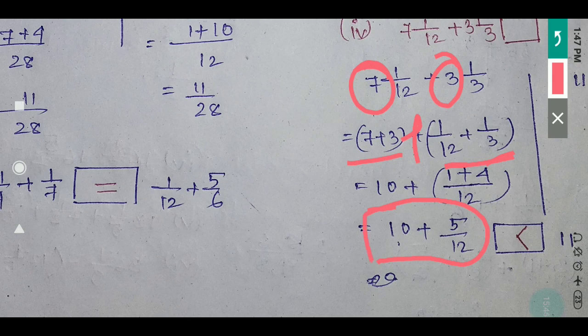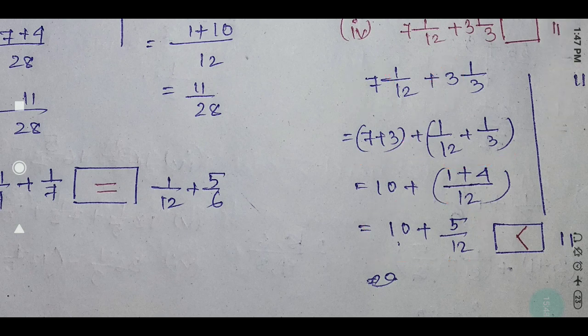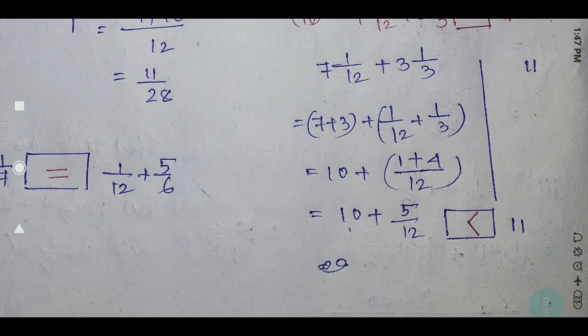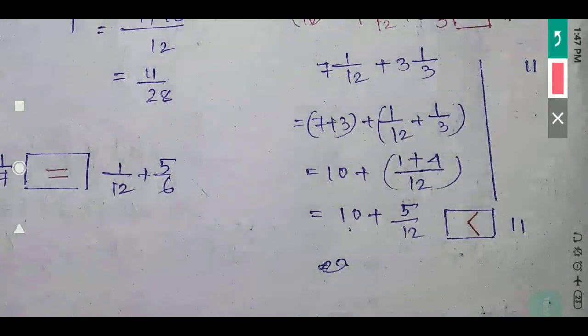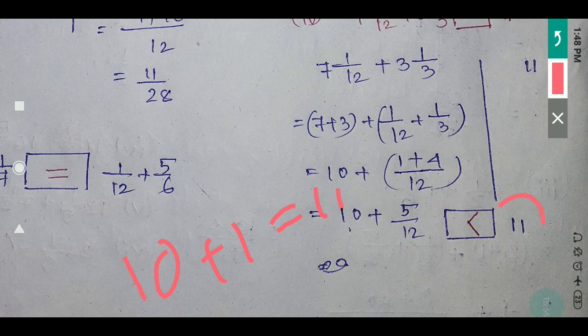Now check the right hand side. Here it is 10 plus 5/12, and here it is 11. Now on this side 11 is given, and on this side 10 plus some fractional part. So you tell me which one is bigger. You will get 10.something on this side, like 10.99, or here it is given 11. Without simplifying, just tell me which one will be bigger.